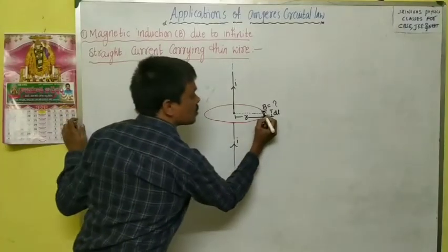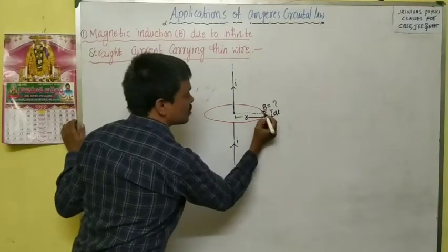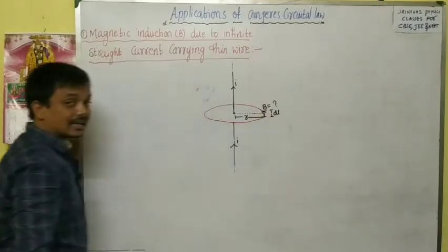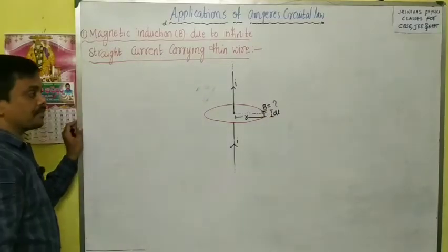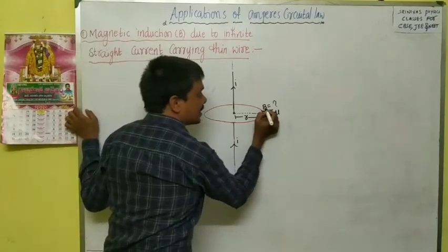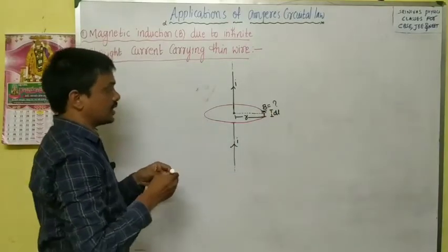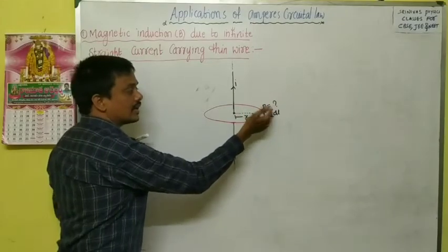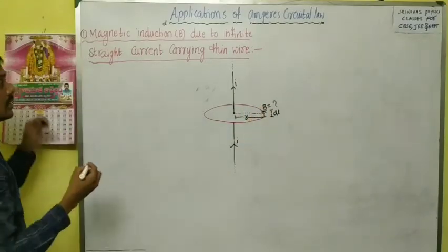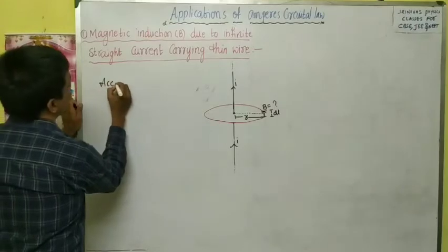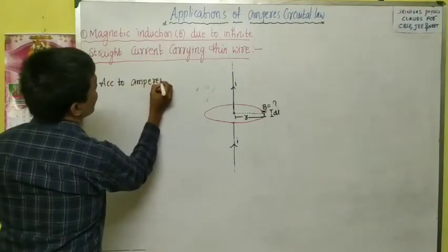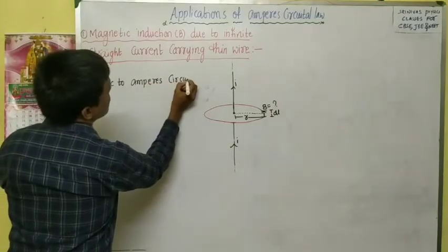On the closed path, this red color line is a closed path around the wire, we are taking the small element, that is dl. Then the magnetic induction is B, right? Look here, the fingers are going inward and the field is also inward, so dl and B are parallel to each other. Then we write according to Ampere's circuital law.